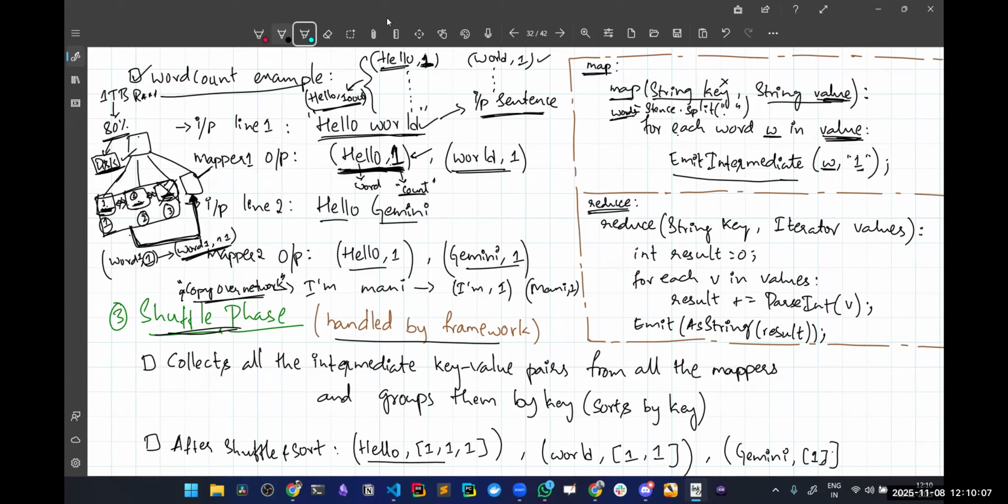After shuffle and sort, my input to the reducer becomes like this. I'll have one entry, hello, and all the counts that are present here: one, one, one, one, one, one, one. We'll have 1,000 entries like this, or 10,000 entries like this. If world has 500 occurrences, we'll have 500 ones in one single list like that. So this is how shuffle and sort works.